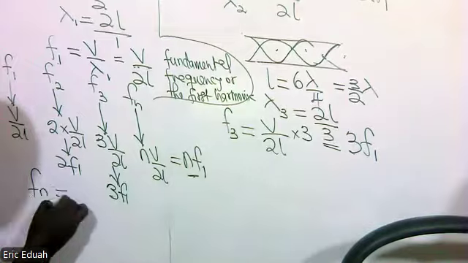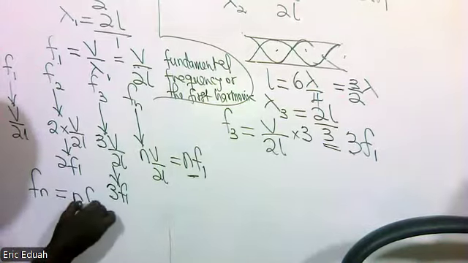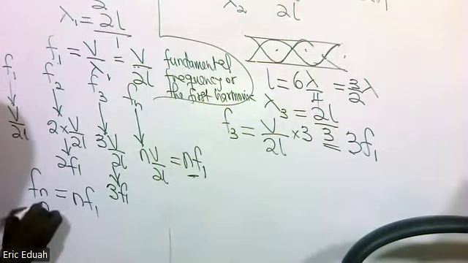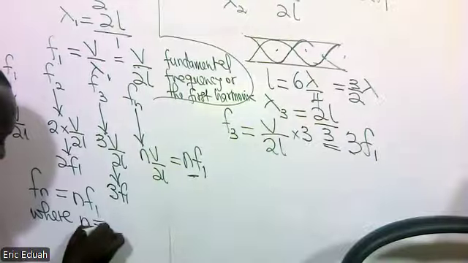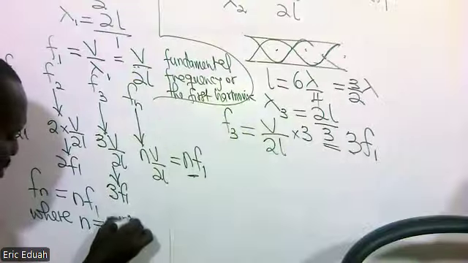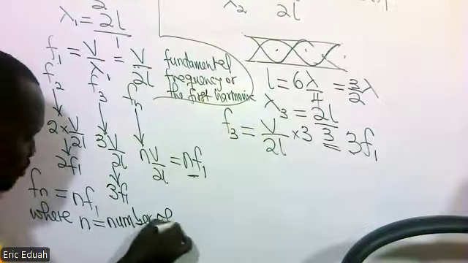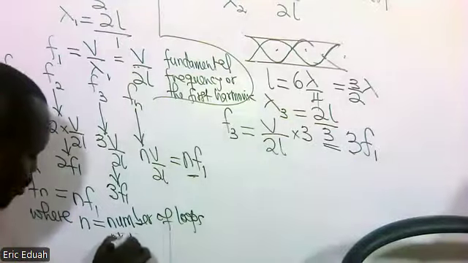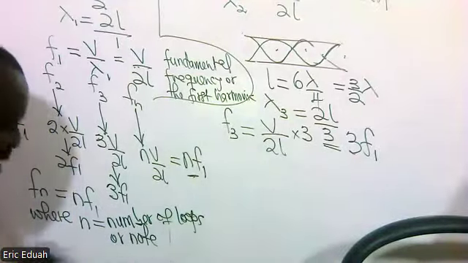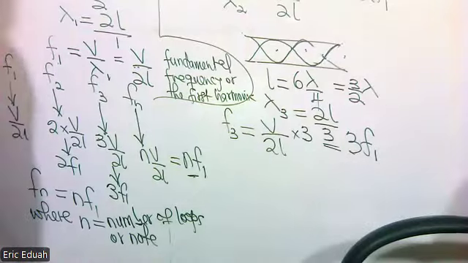Fn is equal to n times F1, where n equals number of loops or notes or harmonic or stationary wave.